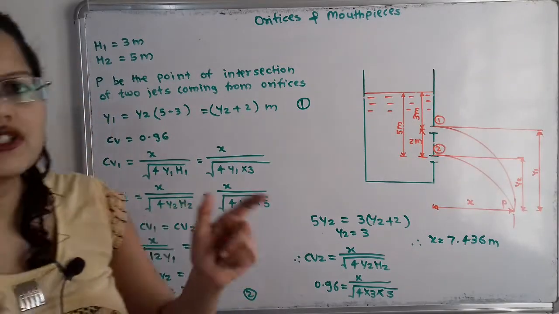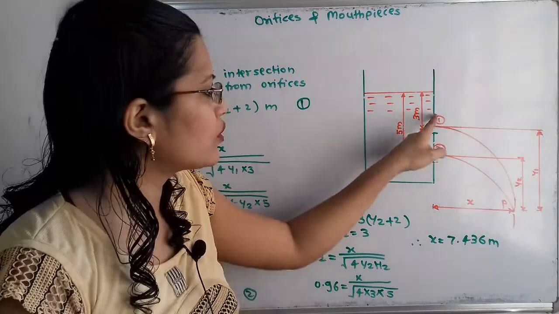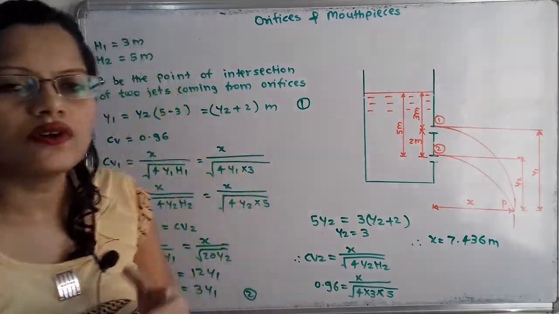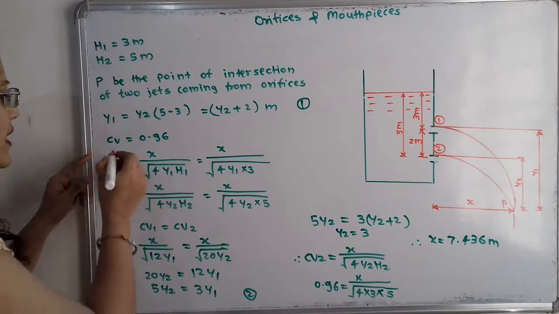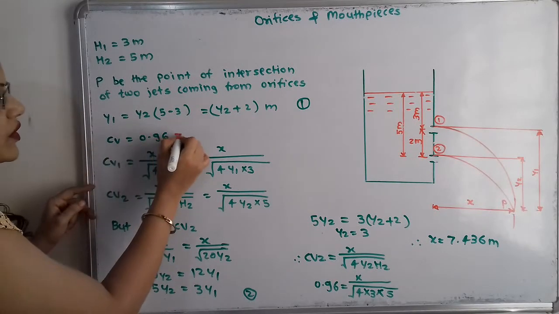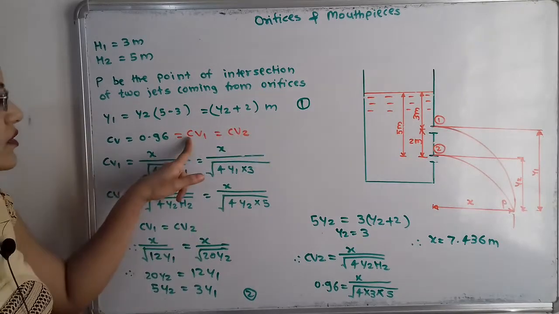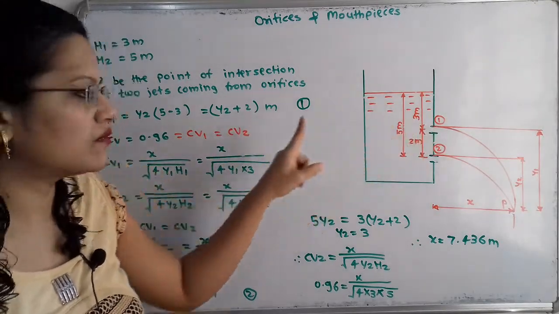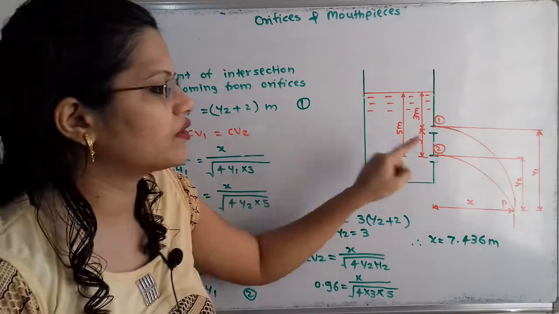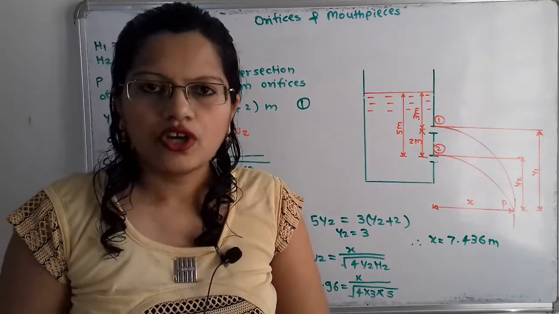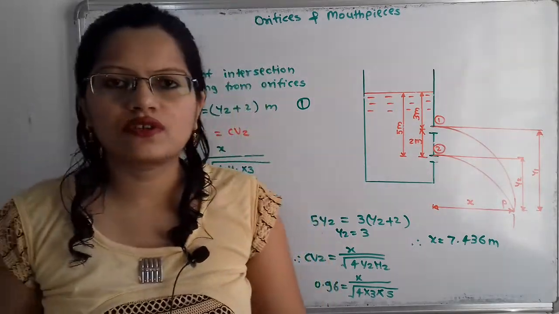Now the coefficient of velocity for these two orifices is given, and it is equal. So CV is equal to 0.96, which is equal to CV1, which is equal to CV2. That is, the coefficient of velocity for orifice 1 is equal to that for orifice 2. How do we calculate this coefficient of velocity?